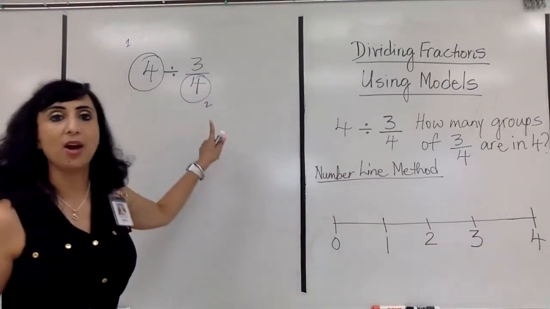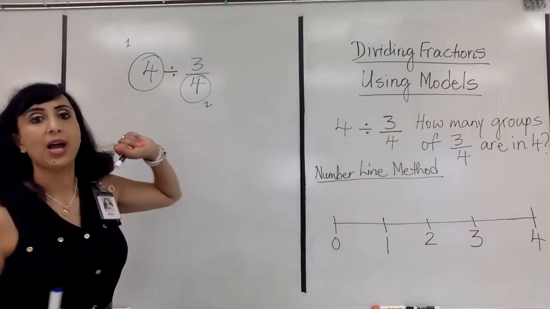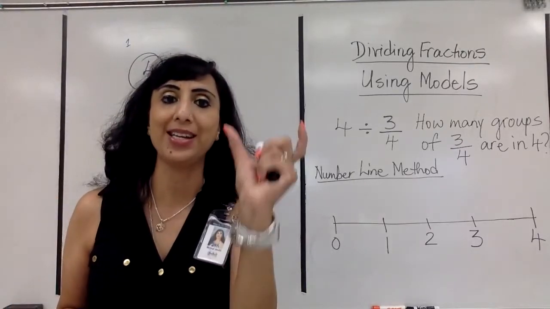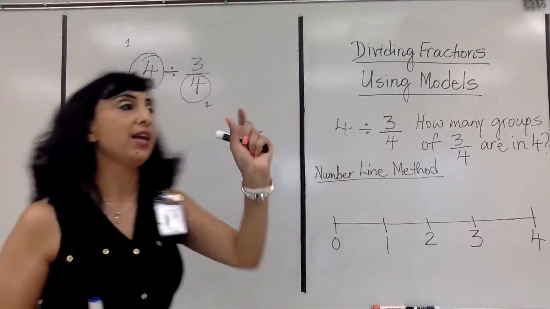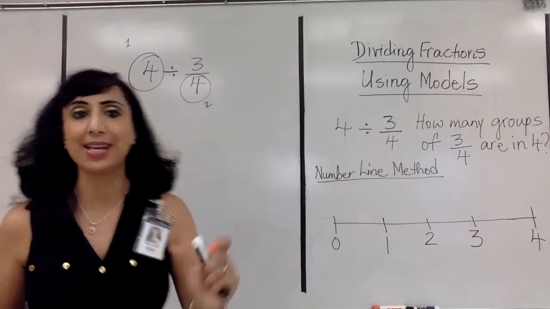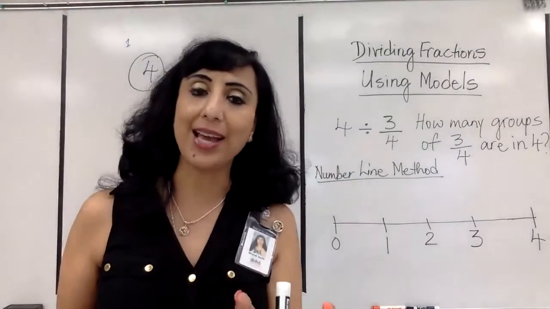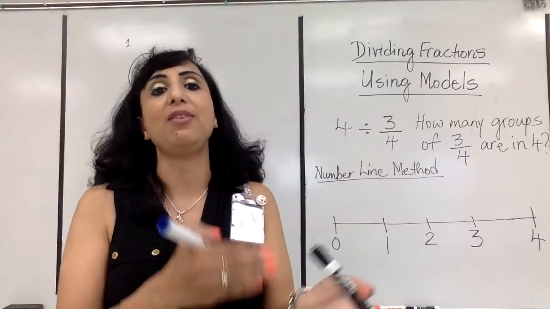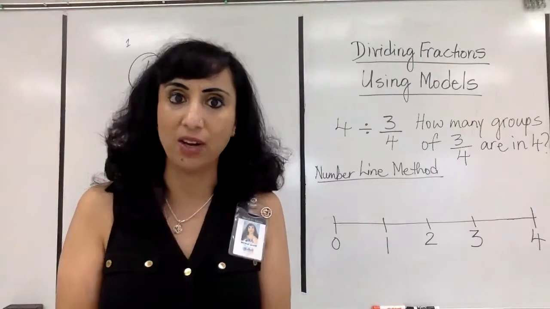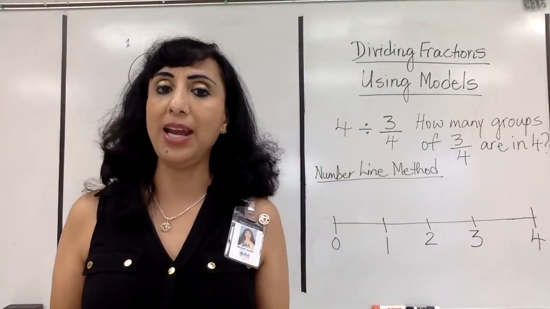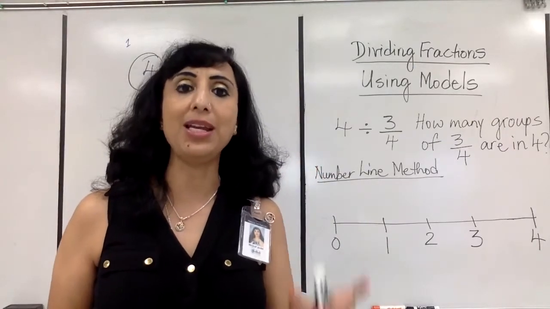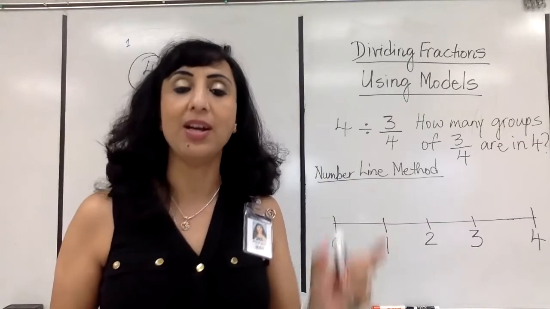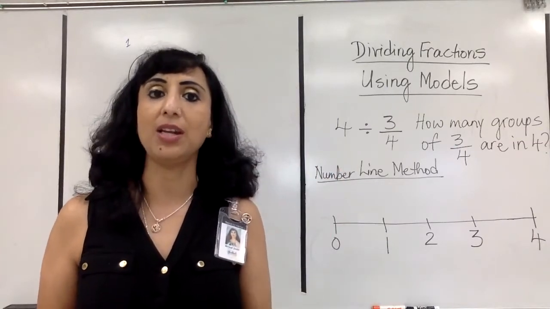Because my denominator is 4, I am going to put 4 parts in each section of the number line. If my denominator was 6, I would have 6 sections in each part of the number line. If it was 8, I would have 8 sections in each part of the number line. So the denominator determines how many parts I need to have in each section of the number line.